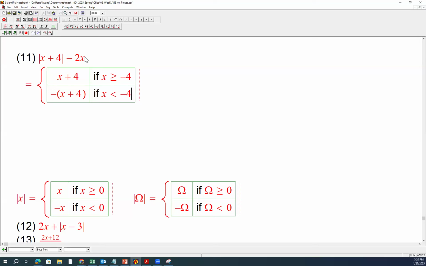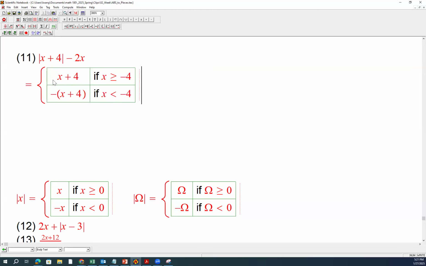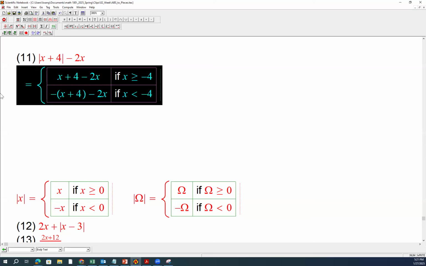But there's a minus 2x. This is just for x plus the absolute value of x plus 4. We need to minus 2x in each piece. Or you can do it this way: both are minus 2x, so minus 2x, minus 2x, and then you simplify.